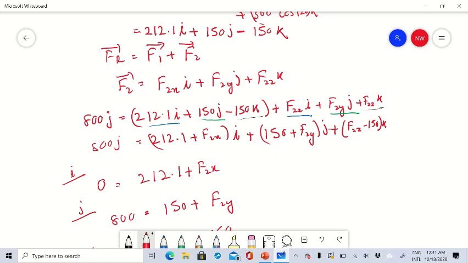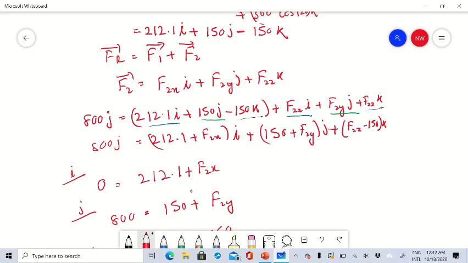It is in the y direction. So we can express our vector resultant force in Cartesian notation as 800 j. Our force F1 is this and force F2 we don't know.